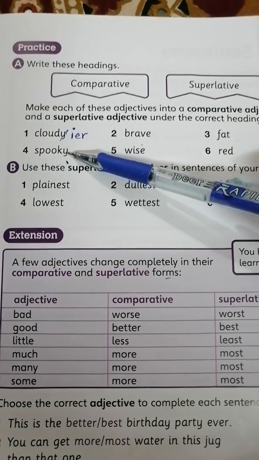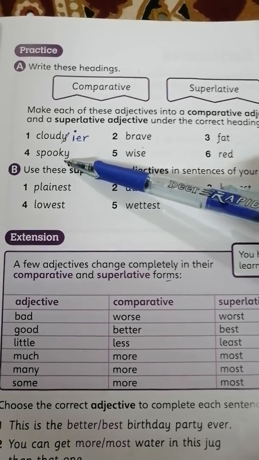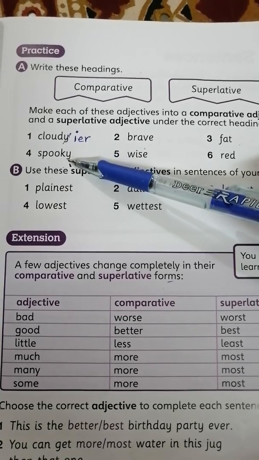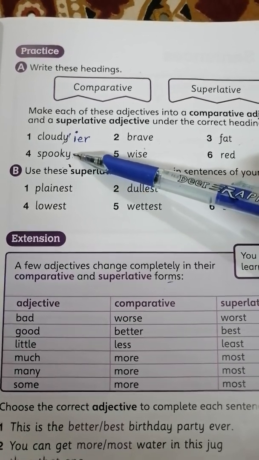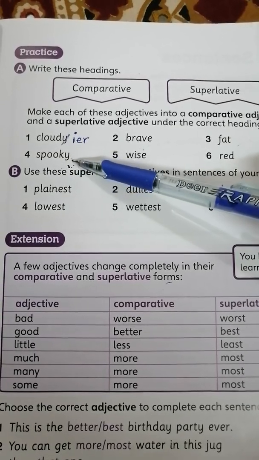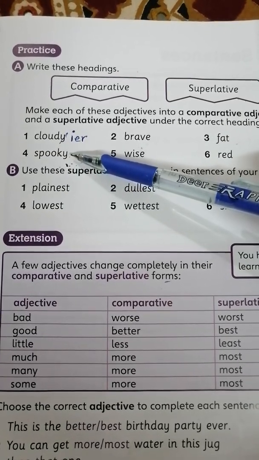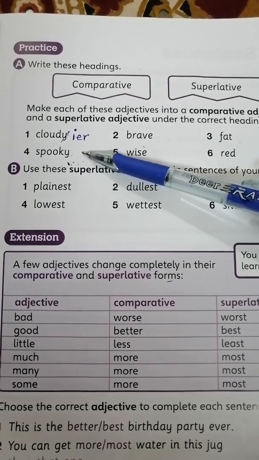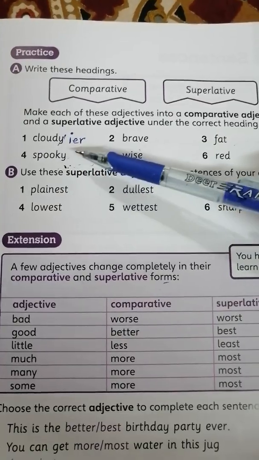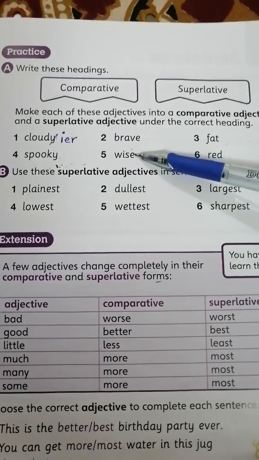Okay. The next word is spooky. Again, we cut the last letter Y and replace it with I. So here we write spookier, and the superlative adjective is spookiest. Next is wise.